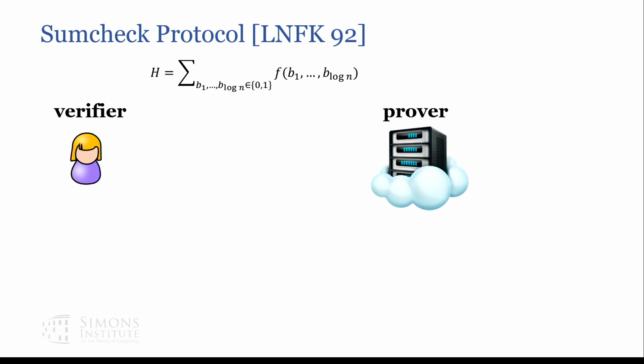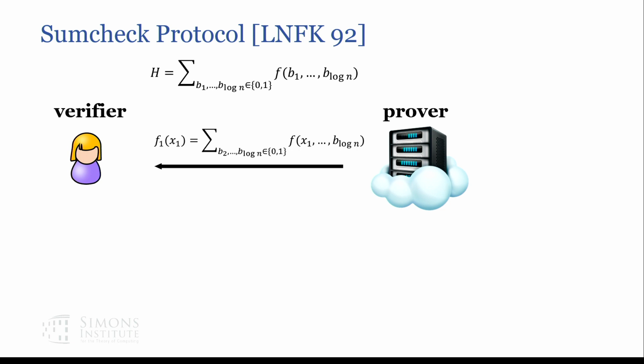But the verifier doesn't want to compute this on her own, so she can actually delegate this computation to the prover side, and Sumcheck protocol is particularly for that purpose. So the way it works is the prover is going to send a univariate polynomial defined on the first variable to the verifier in the first round.